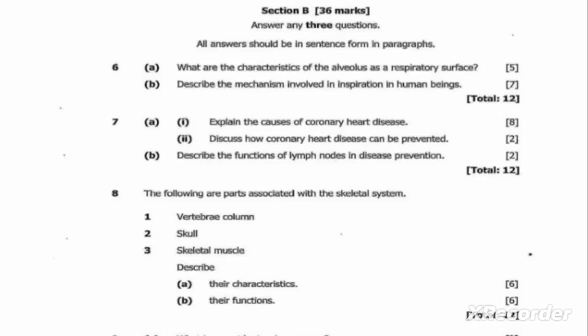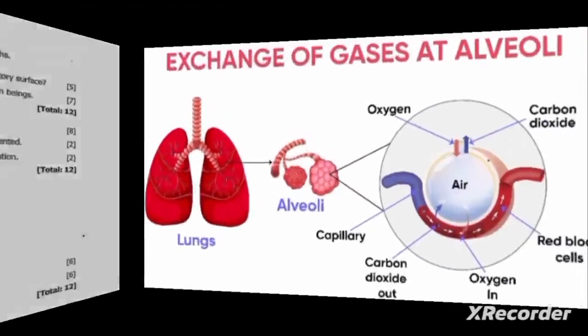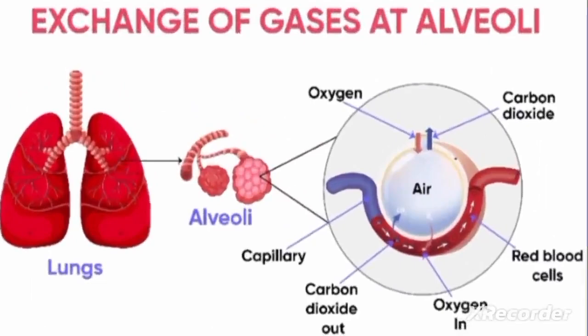Question 6a reads, what are the characteristics of the alveolus as a respiratory surface? The alveolus is also called the respiratory surface or gaseous exchange surface. It provides the platform where gaseous exchange takes place. Now, what are the features enabling the alveolus to carry out its function?